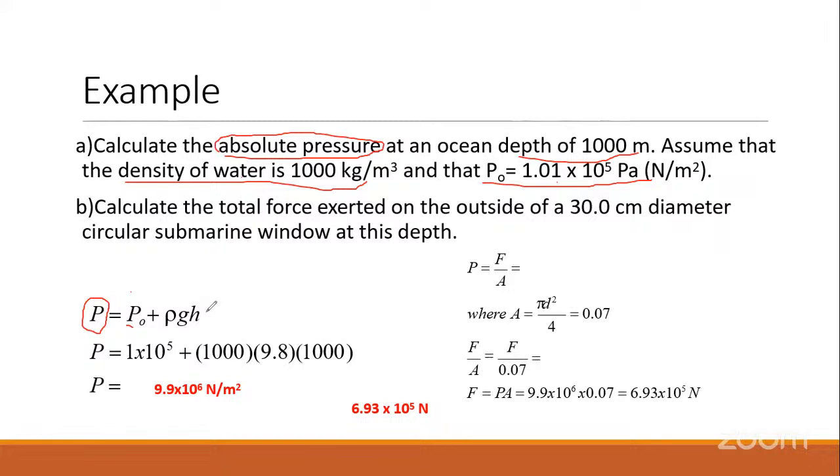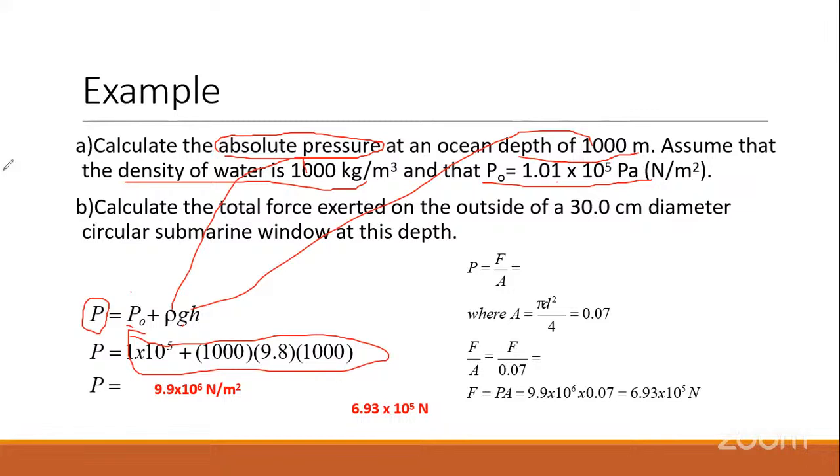To calculate our gauge pressure, we have the density of water, then we have the height of the ocean, and then acceleration due to gravity, which is a constant value, 9.8. If we substitute these values and simplify, we'll get 9.9 times 10 raised to 6 Newton per meter squared.